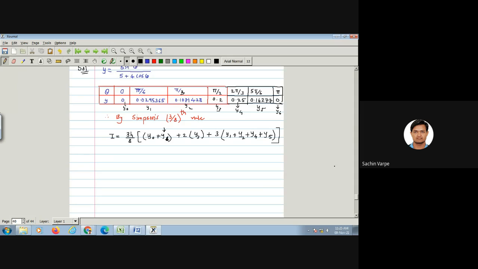Just check. So therefore 3h is pi by 6 upon 8 into y0 plus y6. y0 is 0, y6 is also 0.